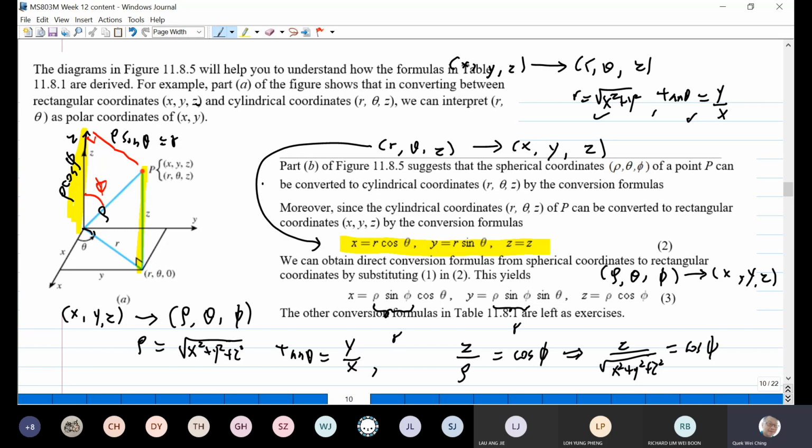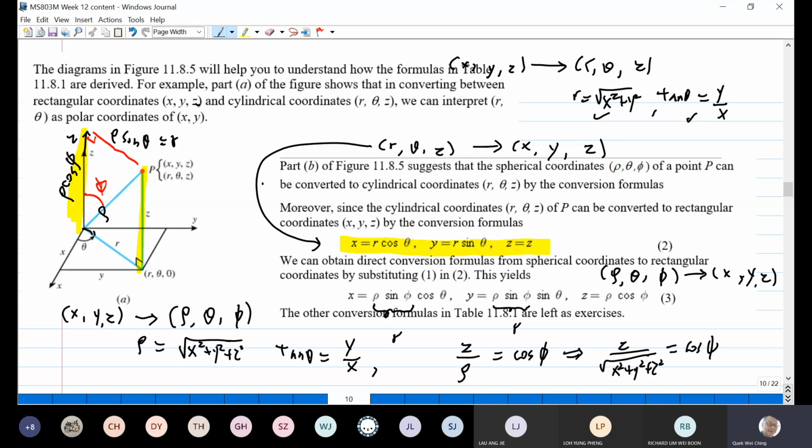So these are the conversion pictures, right? How to convert from cylindrical to rectangular, and then rectangular to cylindrical. And I also showed you how to convert from spherical to XYZ. The other way is from XYZ to spherical.